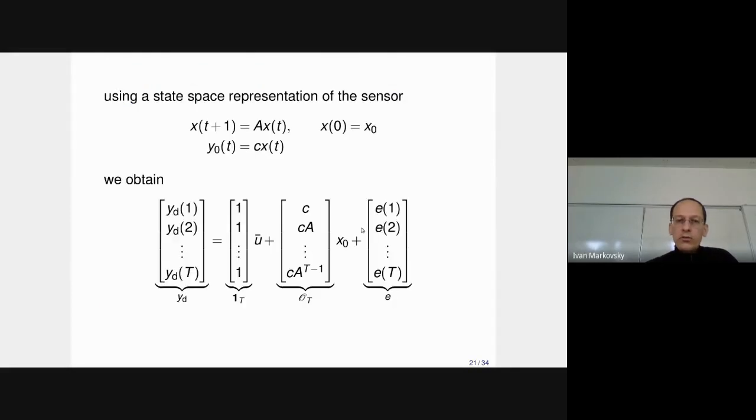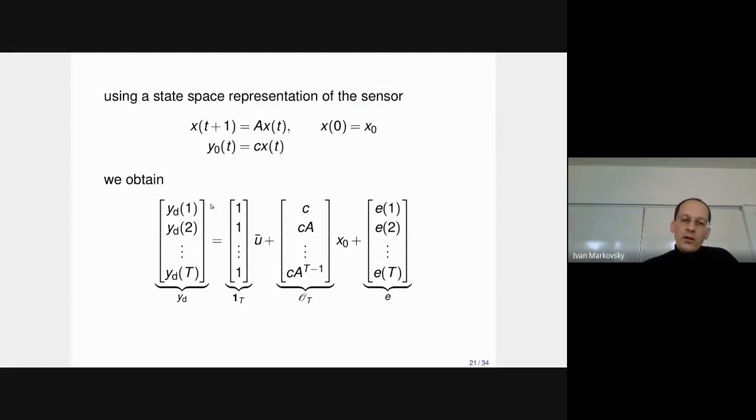And U0 satisfies a linear time-invariant dynamical system of order n. Therefore, we can represent it in one of the 3 ways I showed earlier, in particular in a state space form. So we have here the parameters A and C that appear in the state space representation. And then we can write an explicit system of equations. We discretize the process in time.